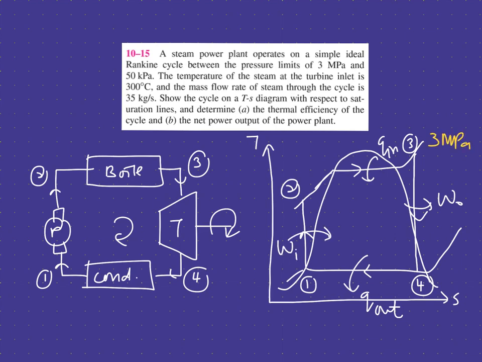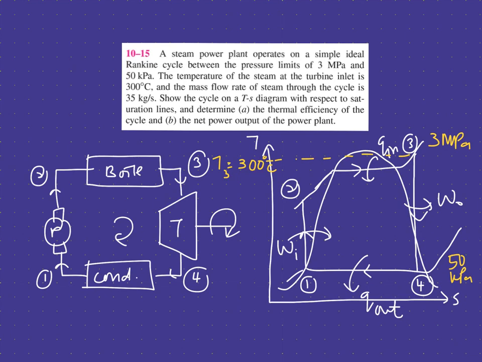You were given two pressures, one is 3 megapascal, another one is 50 kilopascal, and in between that, it gives you at state 3, the inlet to your turbine from 3 to 4 here, the inlet temperature to your turbine is equal to 300 degrees C. So let's draw the line first.